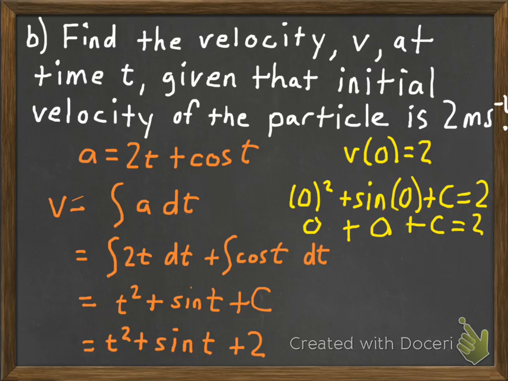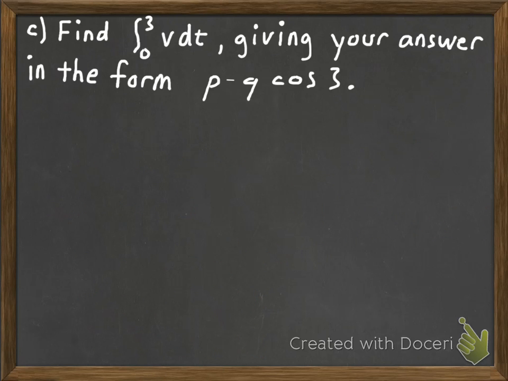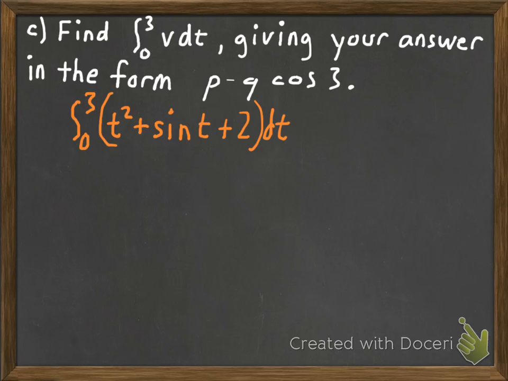All right, 2 more parts to this question. The next part says find the integral from 0 to 3 of the velocity function, giving your answer in the form p minus q cosine 3. Now we'll have to talk about this form thing in a moment, but you know how to find this integral, and so let's go ahead and start that. Take the function that we just made, and I haven't written each term separately, but I'm still going to integrate separately, so here's what we'll get.